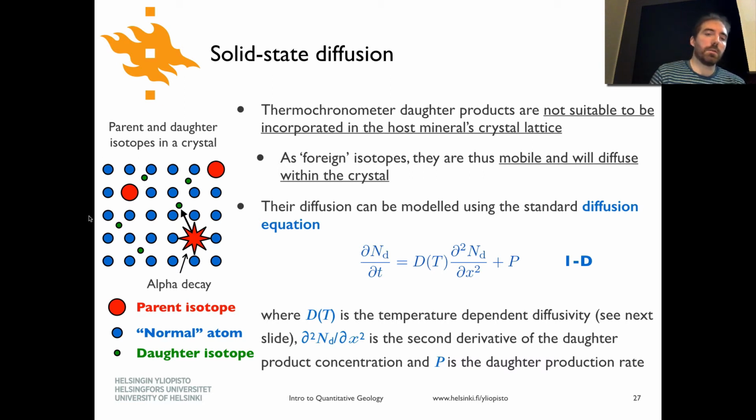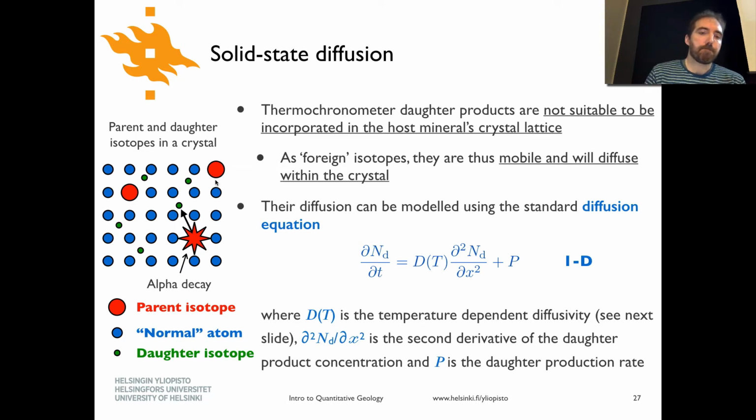So if you have some crystal here that I've just shown generically with these blue dots, these are kind of normal atoms in the crystal lattice, and of course I haven't tried to make this actually any certain mineral or anything like that, but these are the things that are supposed to be there. So if it's apatite, for instance, these would be calcium and phosphorus and oxygen and whatever.